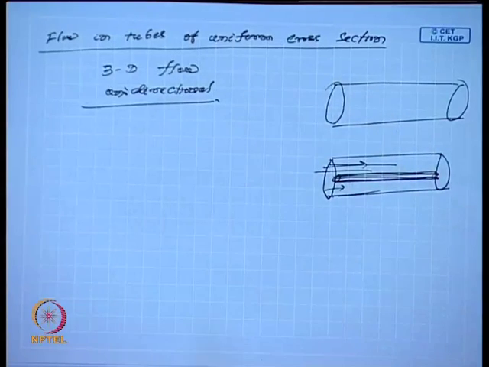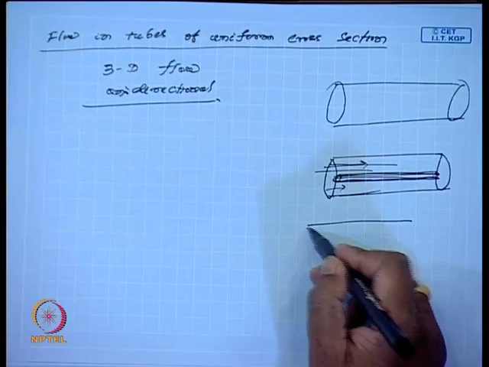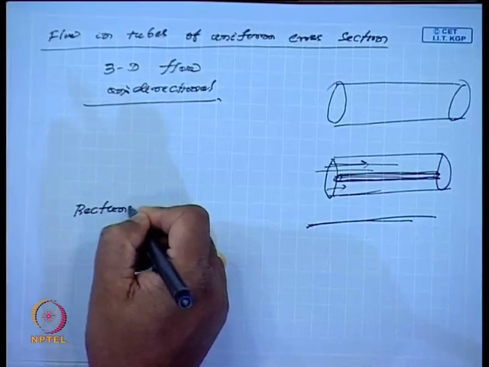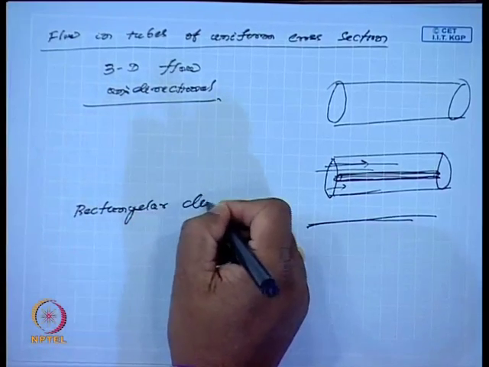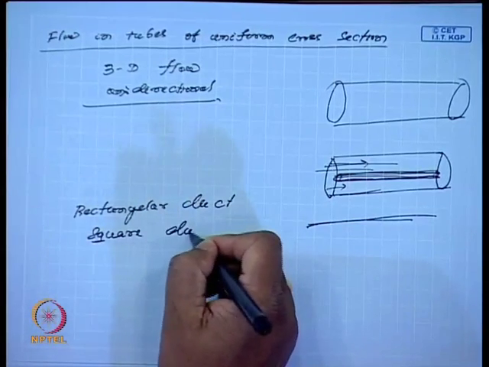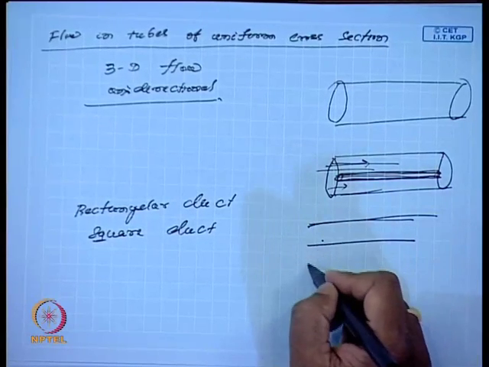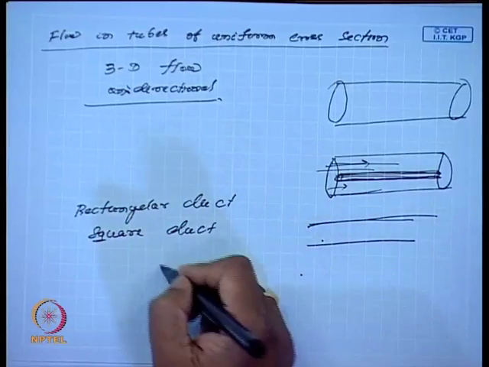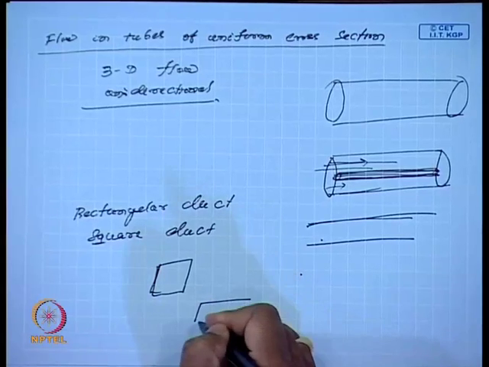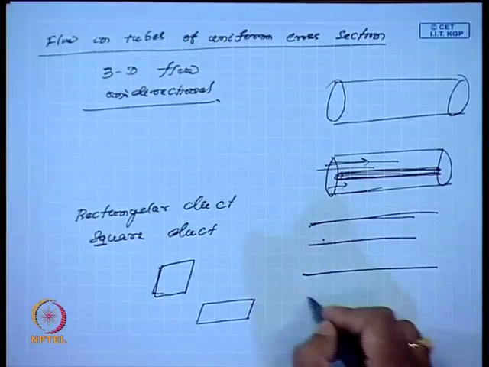There is a flow between 2 coaxial cylinders, and there can be a situation where I have a rectangular duct, or I have a square duct. It is a channel whose cross section is rectangular, whose front face is square or rectangular, and it is flowing as a large channel.